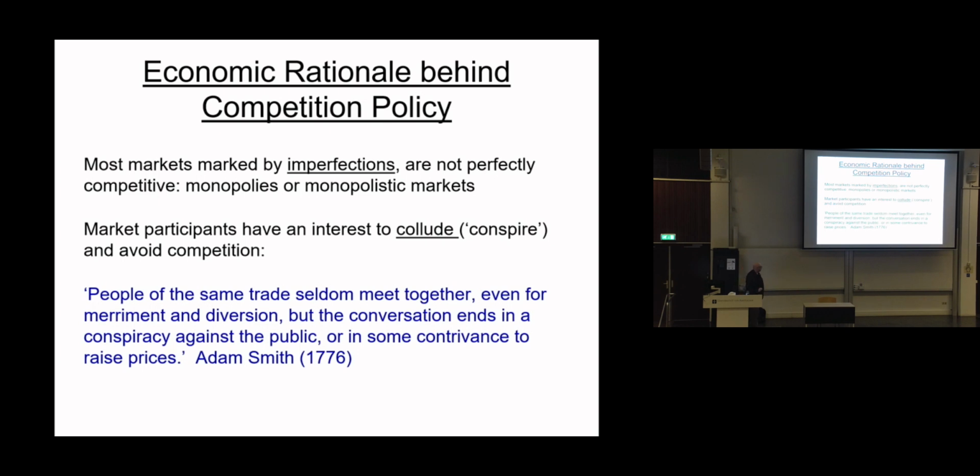And here is a quote from Adam Smith, the first important economist: people of the same trade seldom meet together, even for merriment and diversion, but the conversation ends in a conspiracy against the public or in some contrivance to raise prices. So basically he's saying when business people meet, they're going to conspire against the public and raise prices. And that is what we need to avoid.